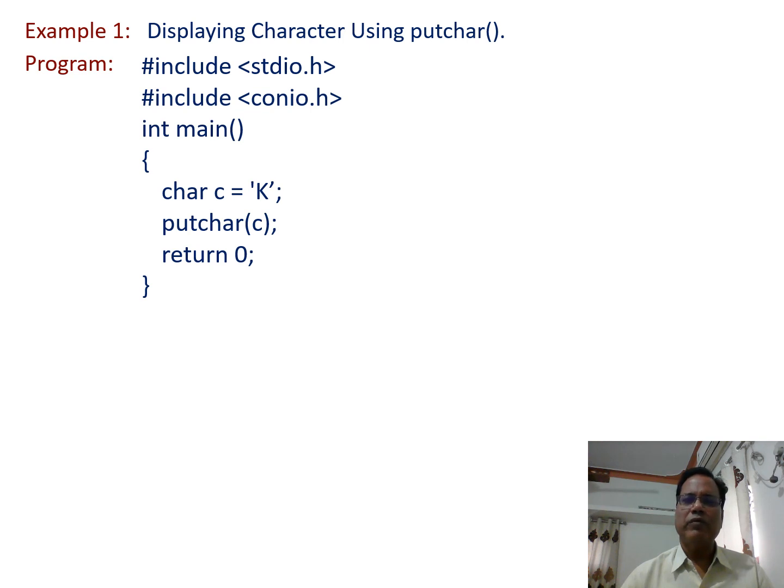It means that we are declaring c as a character type variable and simultaneously assigning the character k to this variable. Then using the next statement, putchar(c), the value of the variable, k, is displayed on the output screen. The last statement is as usual return 0. So when this program is executed, the character k is displayed on the output screen.